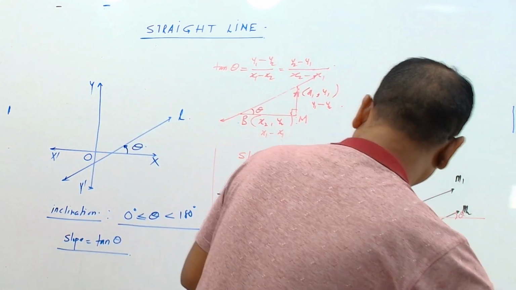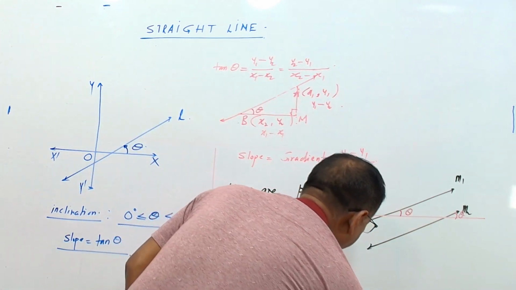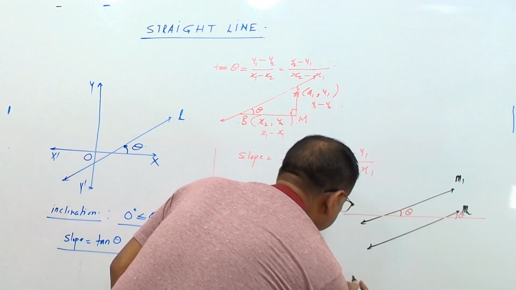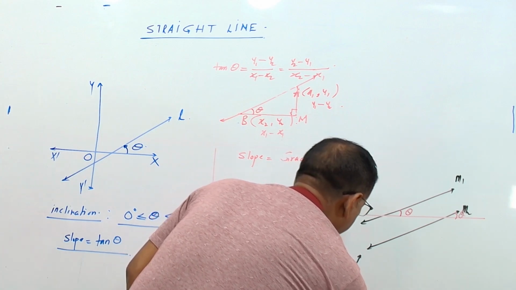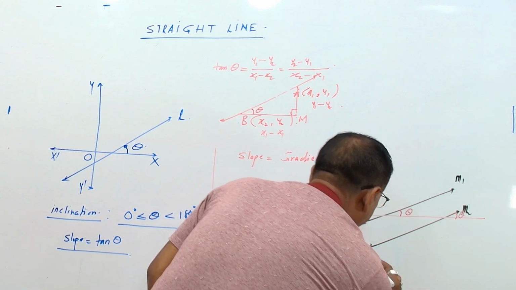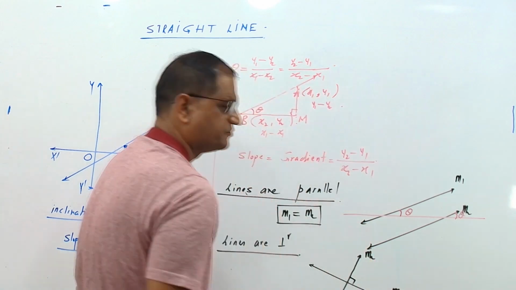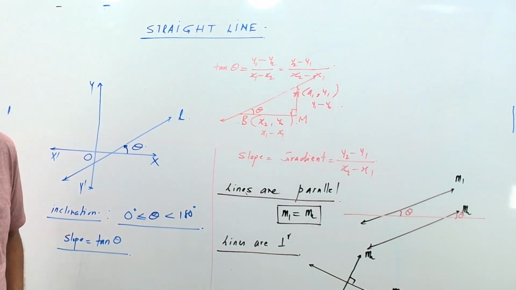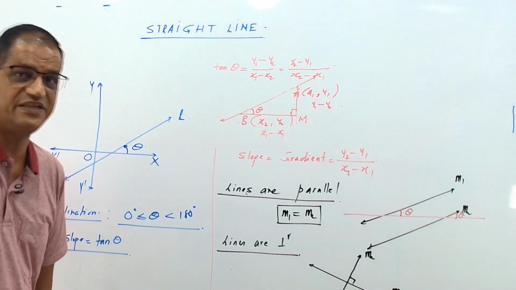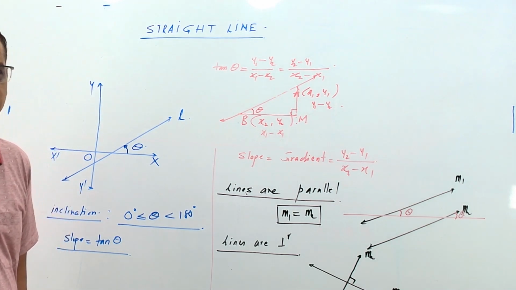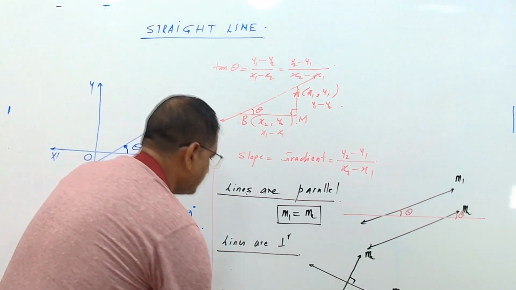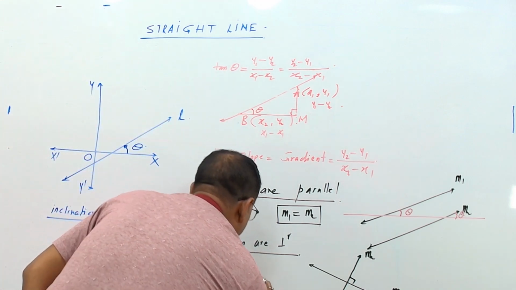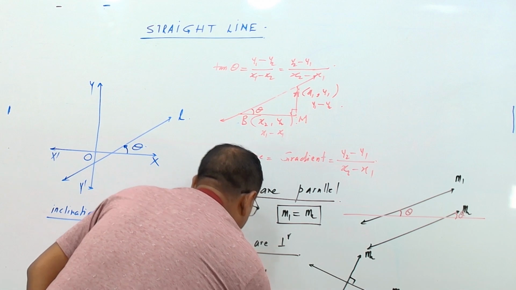Now, suppose the lines are perpendicular, with slopes m1, m2. Right? If the lines are perpendicular, then the product of their slopes is -1. So m1 m2 equals -1.